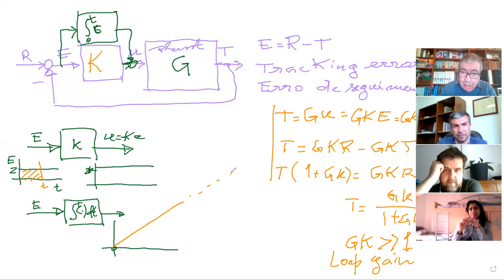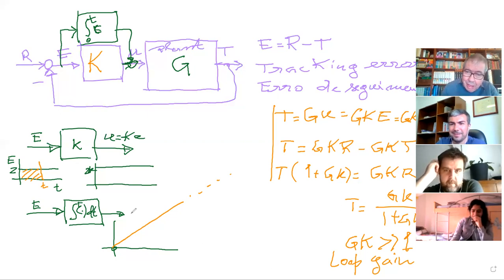Infinity. At infinity, and it reaches what value? What is the value of this output when t is infinity? Of course, this will never happen because you can't wait an infinite time. You will die before.